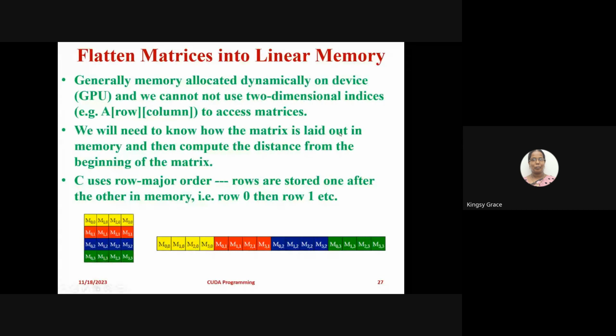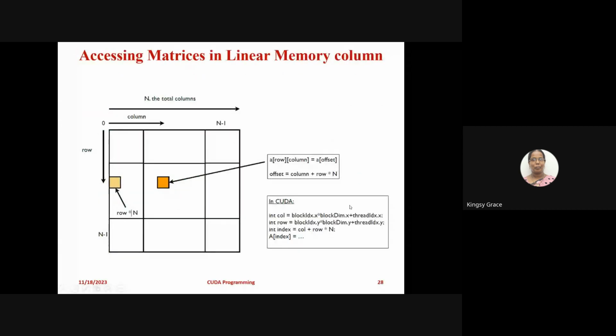Because of this dynamic memory allocation, we can't use two-dimensional indexes; we can use only a one-dimensional index. Here it shows how it is used in C and how it is used in CUDA. The same thing.